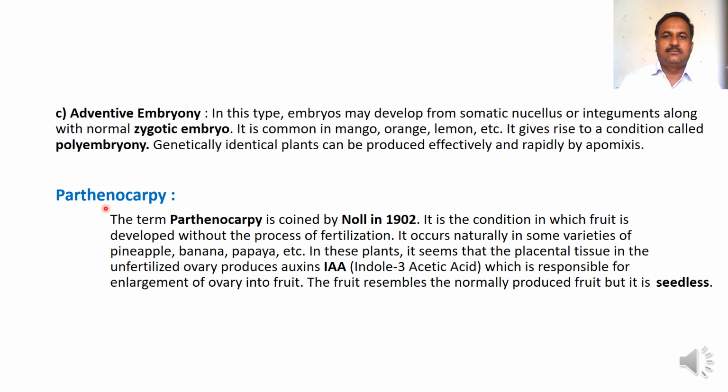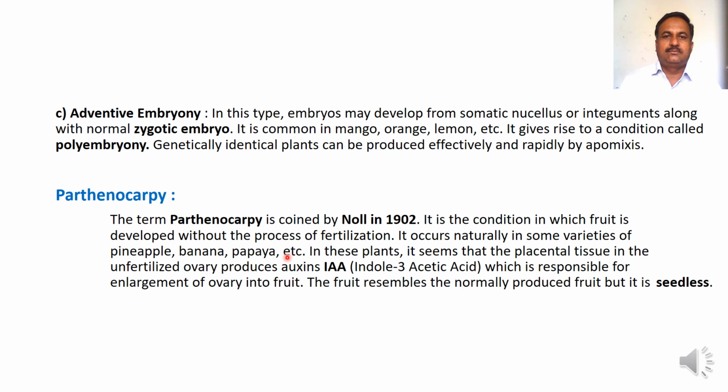Now see the next phenomenon, parthenocarpy. The term parthenocarpy was first coined by Noll in 1902. It is the condition in which fruit is developed without the process of fertilization. It occurs naturally in some varieties of pineapple, banana, and papaya.